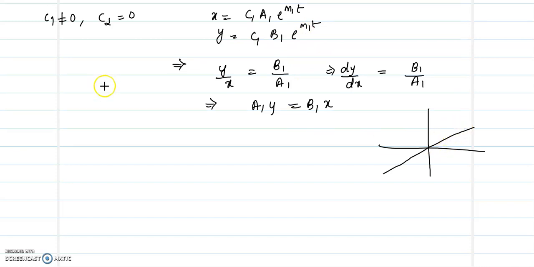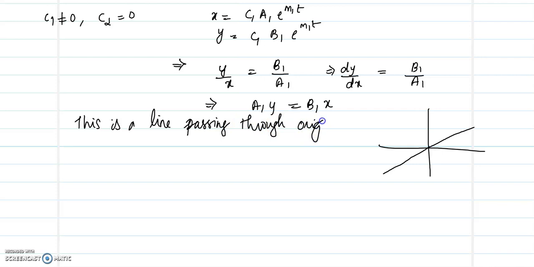Therefore this is a line passing through the origin with slope dy by dx equal to b1 by a1.